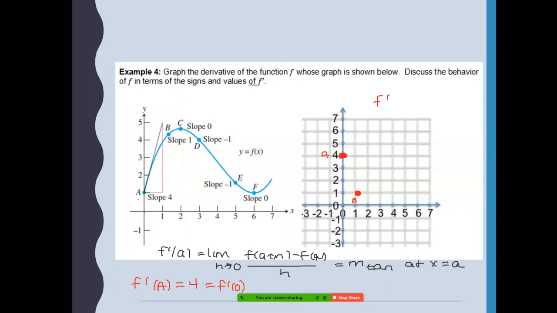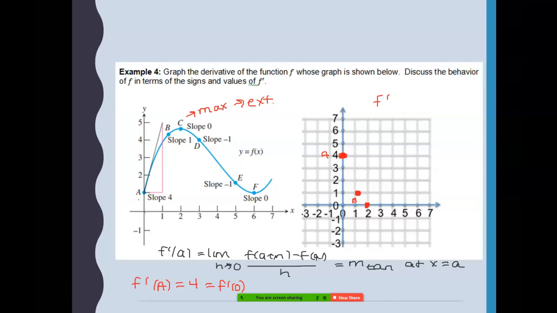So that means that f prime of 2 is equal to 0. And that should make sense based on the chart we just talked about, because point C is a max on this graph, which is an extrema, and the extrema of a function always has a slope of 0 on its derivative.